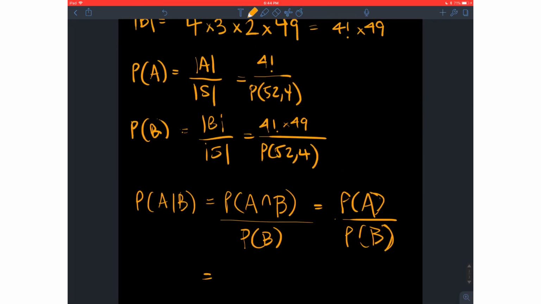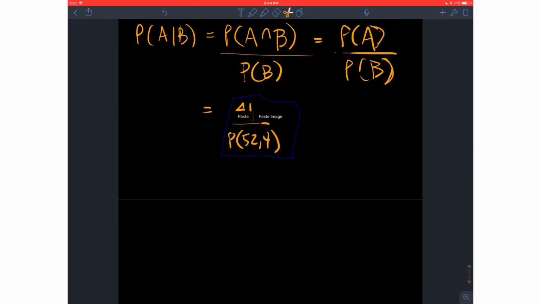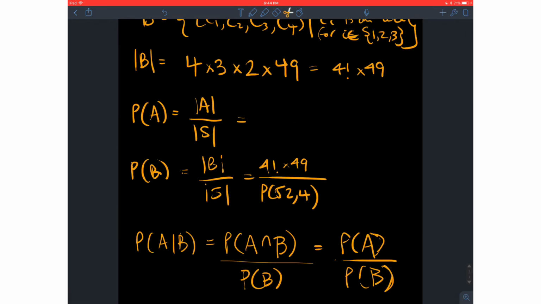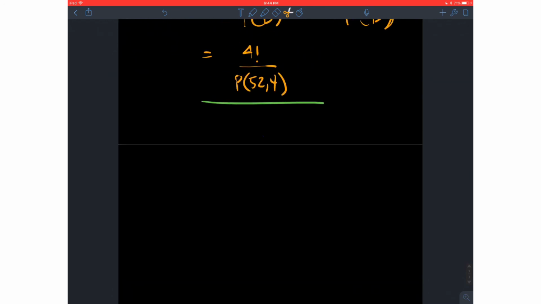Now, we've figured out what these probabilities are. So probability of A, I'm going to cut it out there and put it down here. Then I'm going to use a different color and divide that by the probability of B. And if my Apple Pen starts to work, perfect, and here we go.